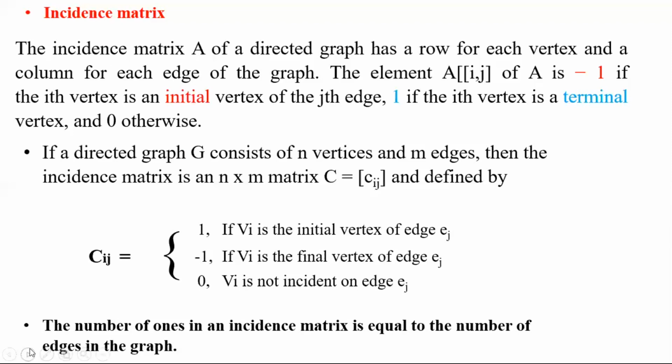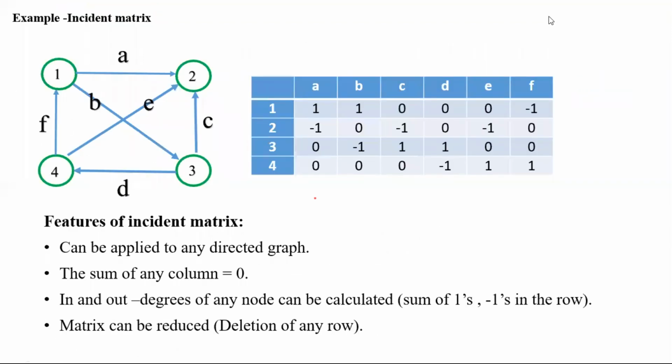I will demonstrate this through an example. Here we have an example. We have a directed graph with 4 vertices, 1, 2, 3, 4 in the rows, and 6 edges, A, B, C, D, E, F. We start filling the matrix as follows.